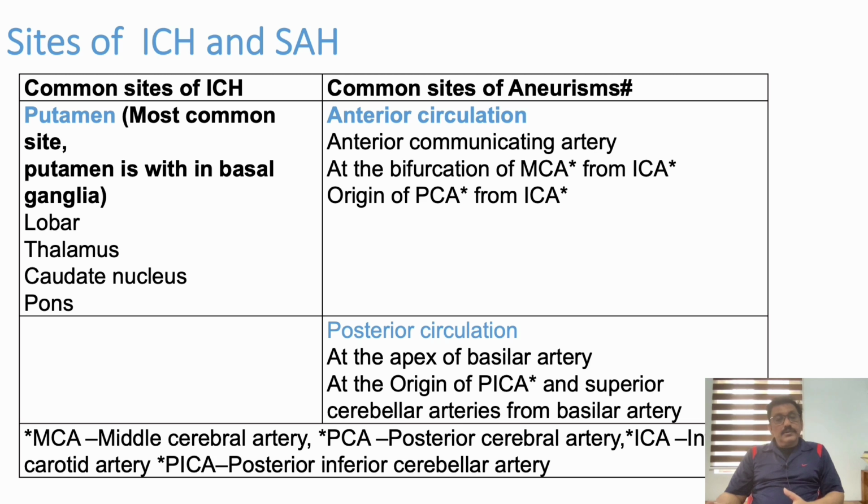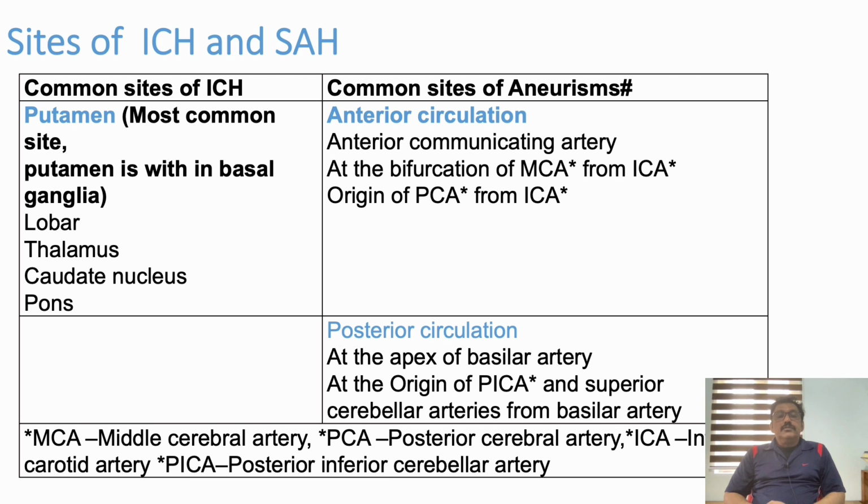Whereas posterior circulation strokes like thalamic bleed or pontine bleed will deteriorate very fast because it's a small compact compartment. Any bleed into that compartment can produce pressure effect there and the patient can deteriorate very fast. So that is the important difference between anterior and posterior circulation bleed.